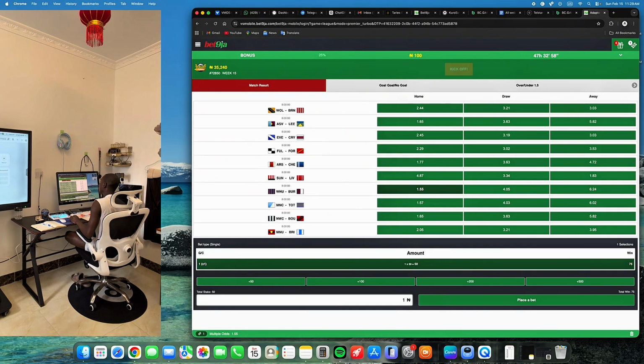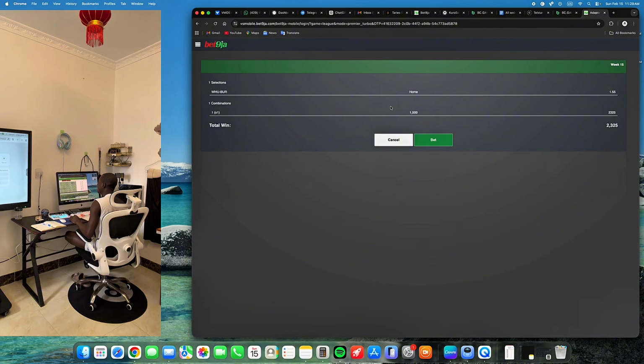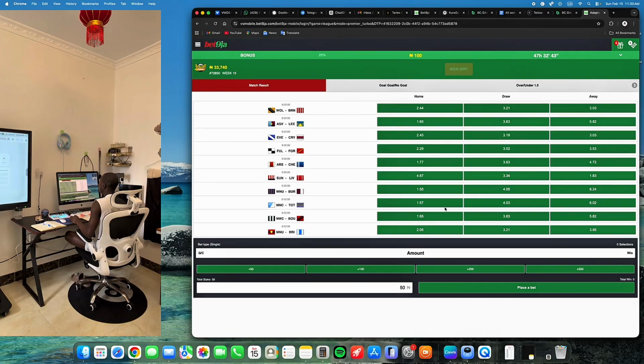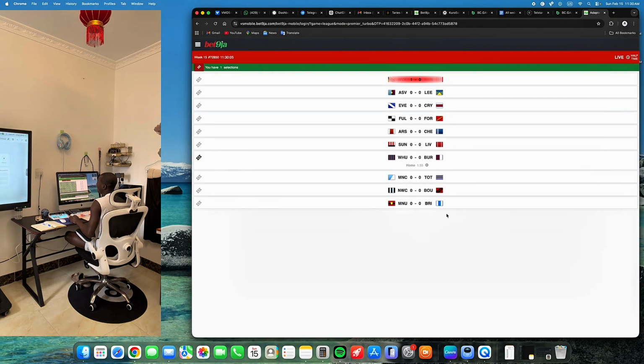This time I'm going to use 1005. Remember, we have lost 1000 already. So if we win, it will be 2350, meaning we'll still be losing by some amount. So this is how to pick by the odds without analysis.